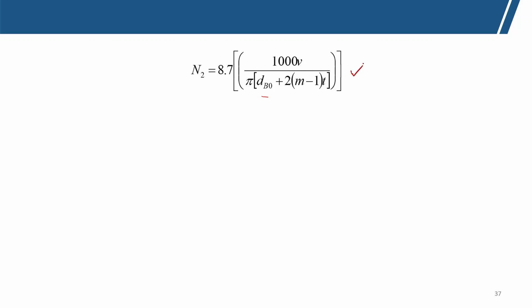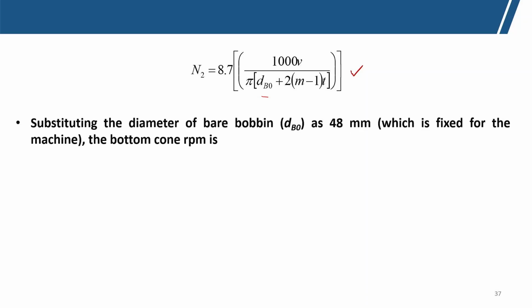Now, substituting the diameter of bare bobbin dB0 as 48.